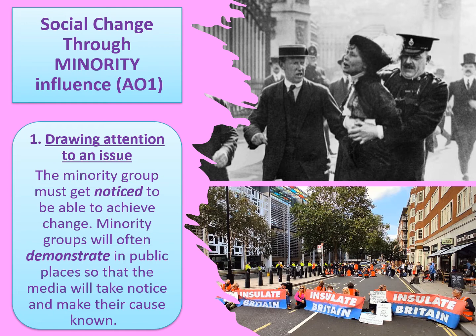In that case, they would do a demonstration. It's unlikely that they would do something which would get them arrested, but they might make posters. They might dress up as a reusable cup or something, because they want to draw attention. If we don't know what the minority group is doing, then we can't change attitudes, behaviours, opinions and laws. So drawing attention to the issue is the first process.